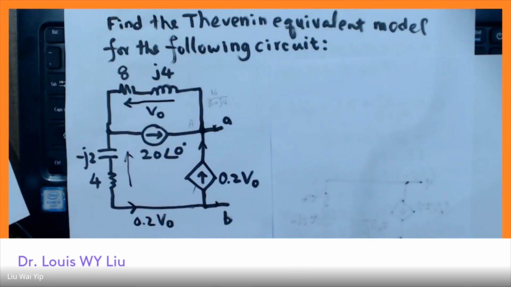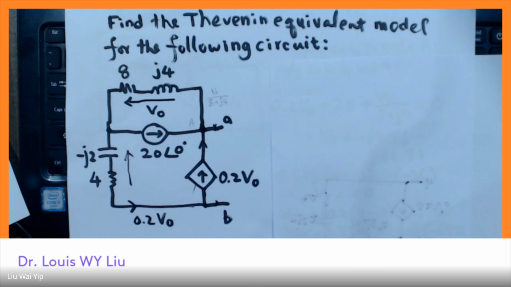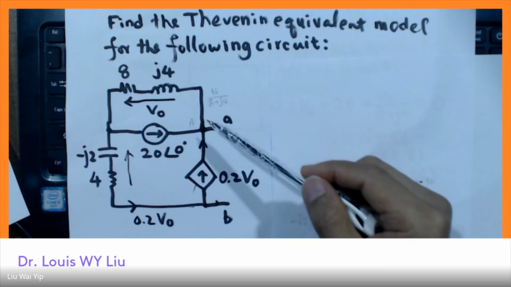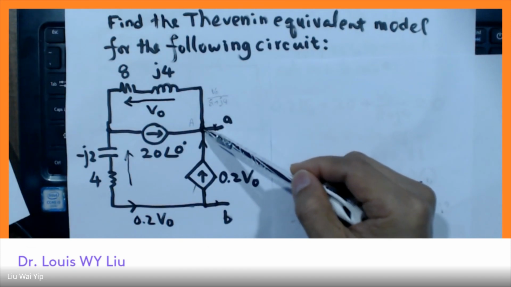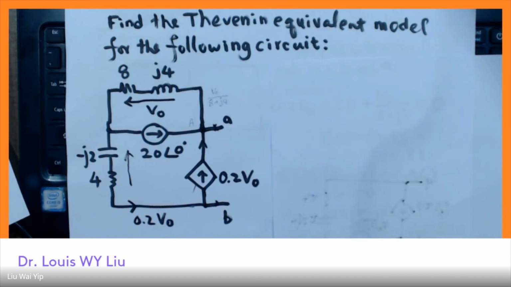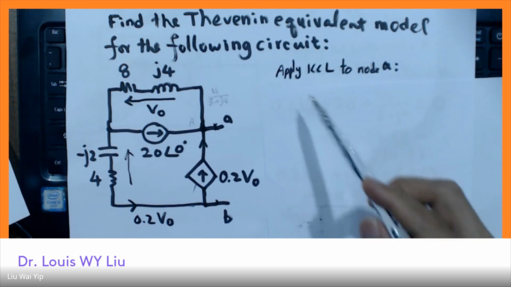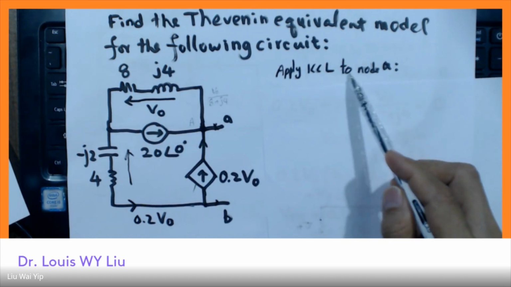So by Kirchhoff's current law, the sum of directed currents towards the circuit nodes should be equal to 0. So we apply Kirchhoff's current law to node A.